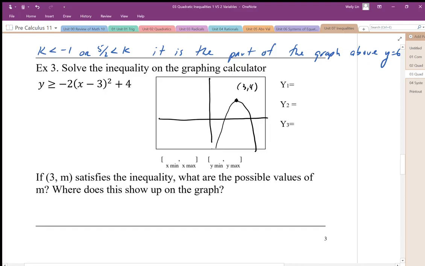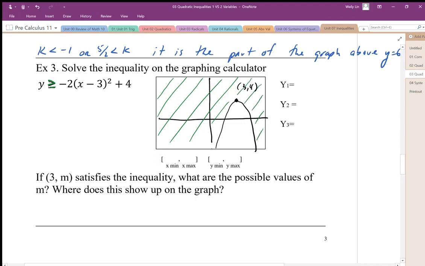It looks like it has zeros that are irrational, but we could find those zeros out. Since it's a two-variable inequality, I'm not going to worry about the zeros for now, but I want to know where the y is above. This is greater than or equal to, so I want to know where the graph is above that boundary line.